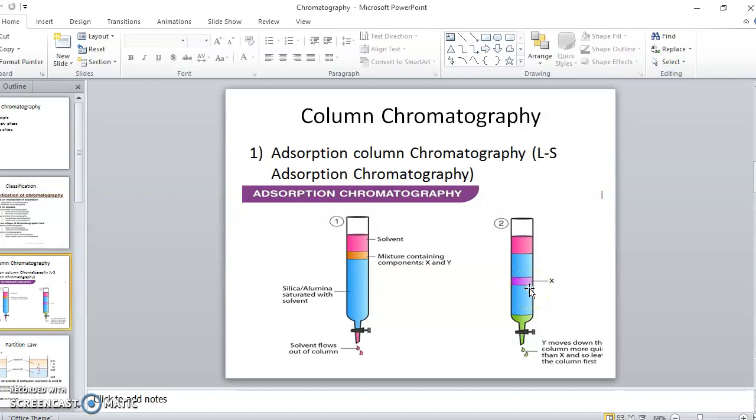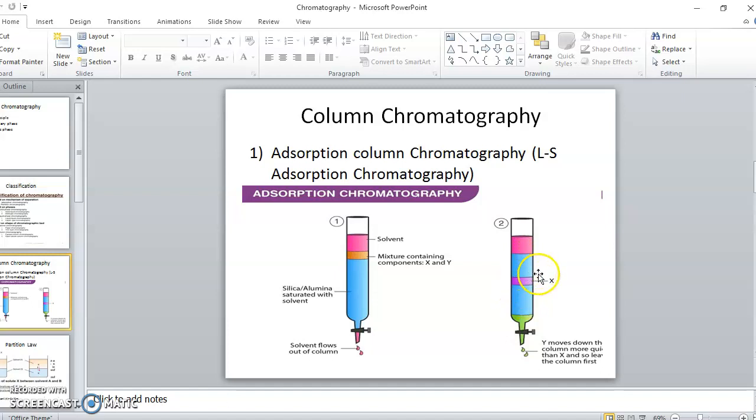So how is it possible? You have to remove this solvent and take another solvent. In that solvent only this X gets dissolved, and you have to pass that solvent through this column.